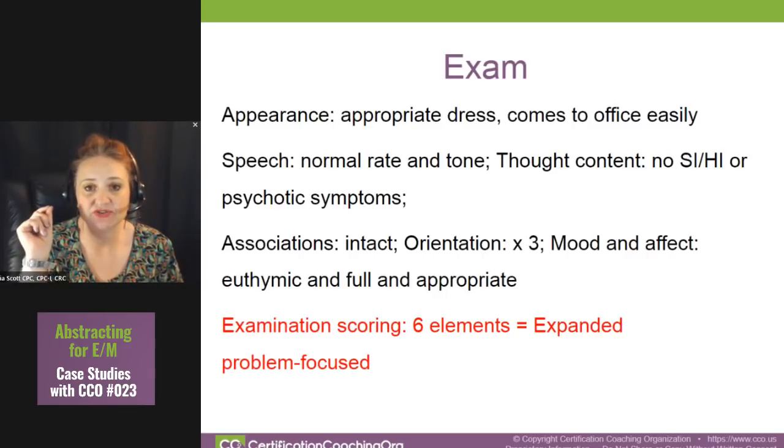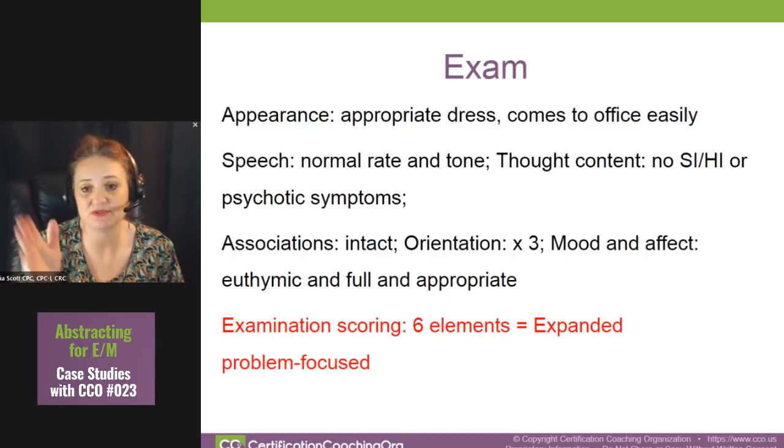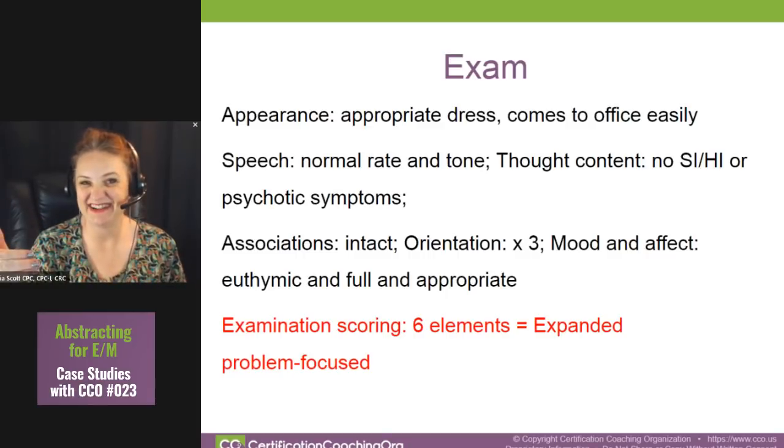That means that Johnny isn't bouncing off the walls as he's coming in, or being distracted and can't walk in a straight line because he's easily attracted to other things happening in the room, and so on and so forth, right? So appropriate dress, comes in the office easily. Speech, normal rate and tone. Do you think of that, right?